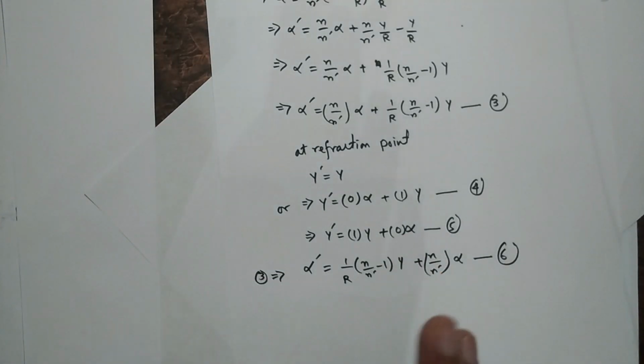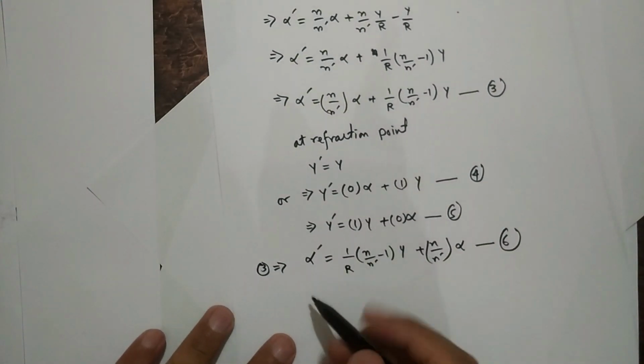So these two equations, these are linear equations, and we can now write them in the form of a matrix.